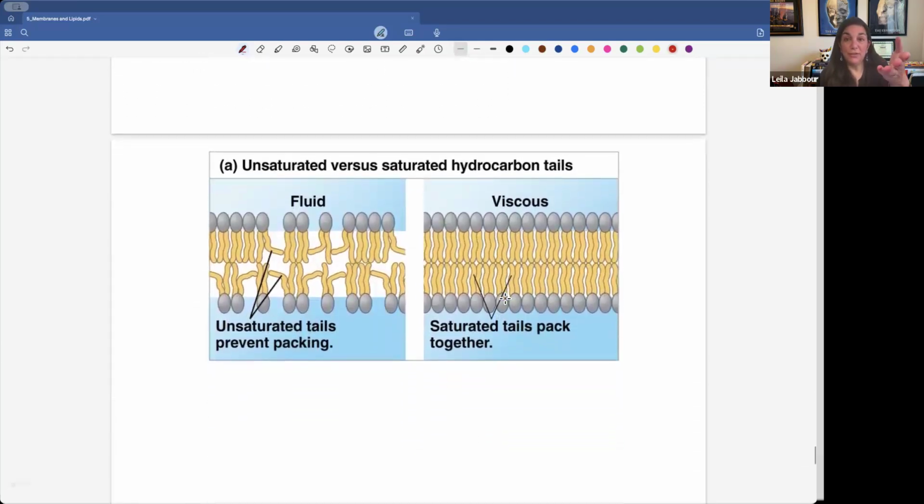This is a great visual here where you can see, if you see kinks in those fatty acids, it's basically going to create some of these spaces and create a more fluid membrane overall, as opposed to more tightly packed, stiff fatty acids with no kinks, which creates a more viscous membrane.